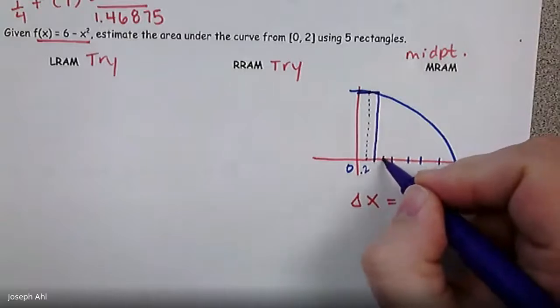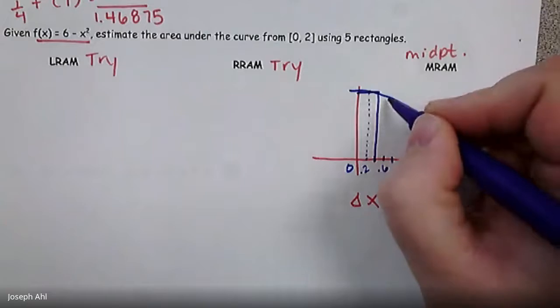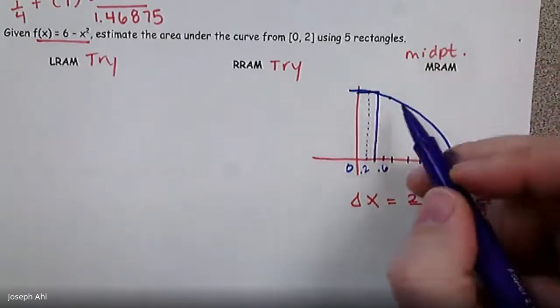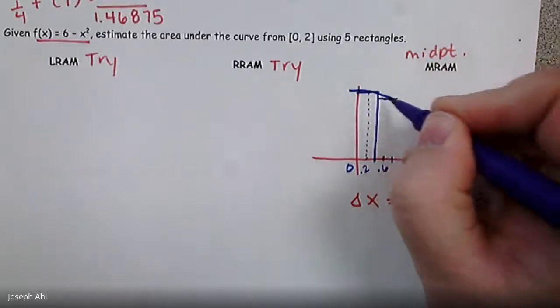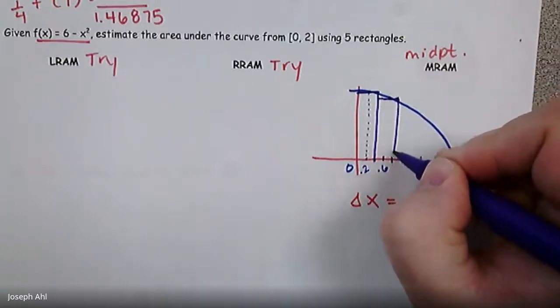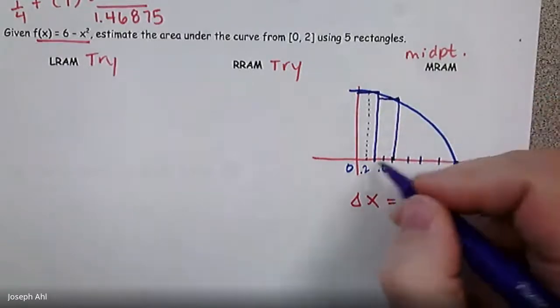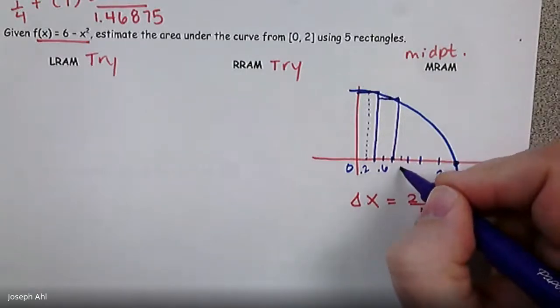But when I go to the next midpoint, remember this is 0.4 and this is 0.8. So now the height's at 0.6. It's going to start to become a little bit more apparent that if that's the height of my next rectangle, when I draw across through that height, part of it's an underestimate, but then another part of it's the overestimate. The next height here would be at x equals 1.